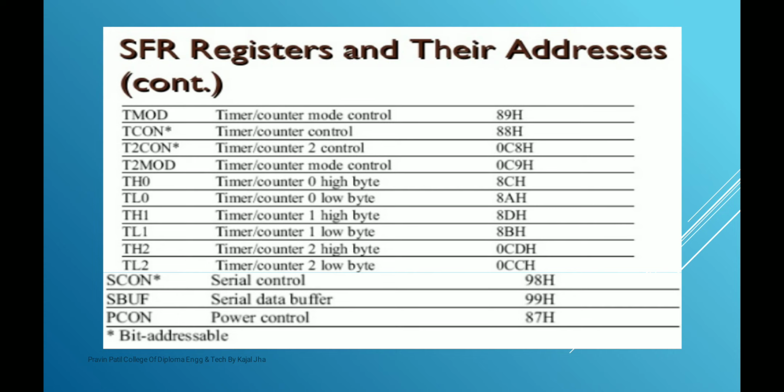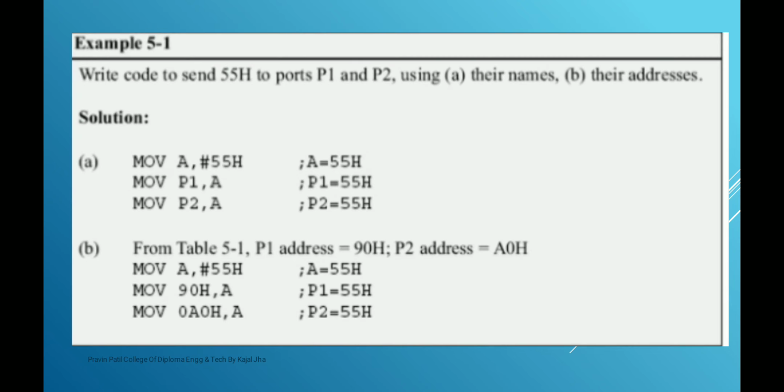These are bit addressable. So these are the SFR registers, the special function registers, and if you use them in instructions, you can use them by name or by address; it is the same thing.